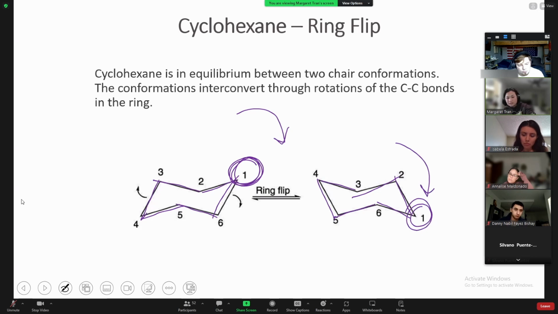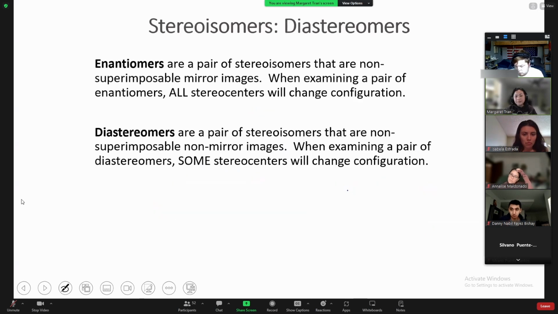So your 1 goes down there, your 2 goes there, 3 goes there, 4 goes there, and your parallel lines change. There's no way for me to explain it, but just practice those ring flips. And that's all you need to know for that for this class.